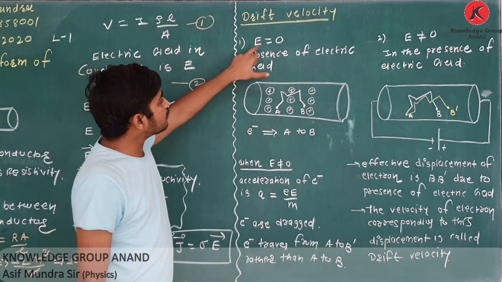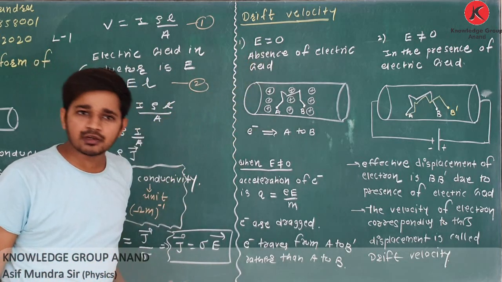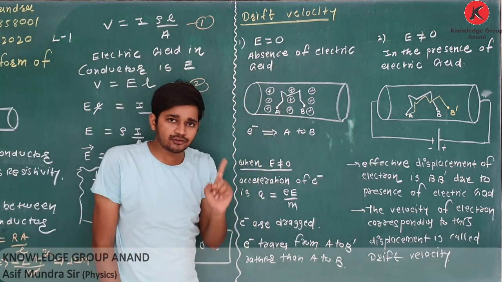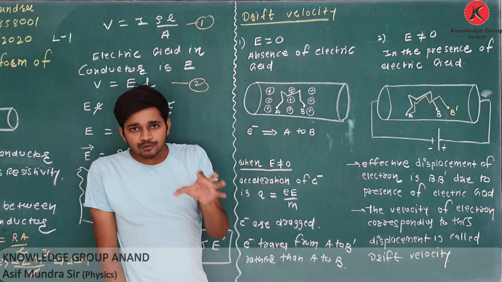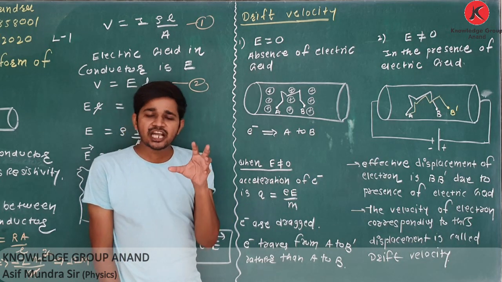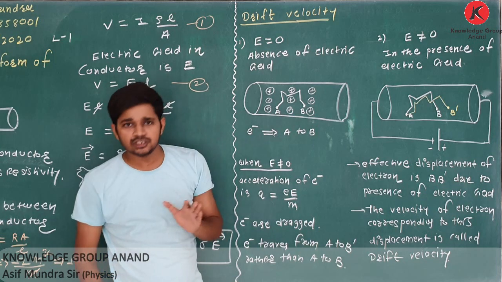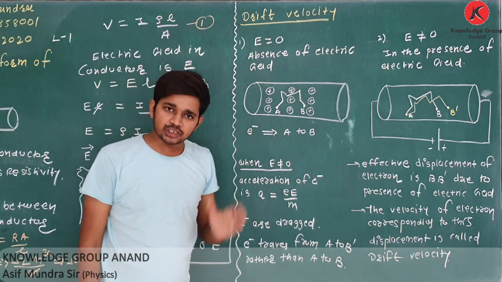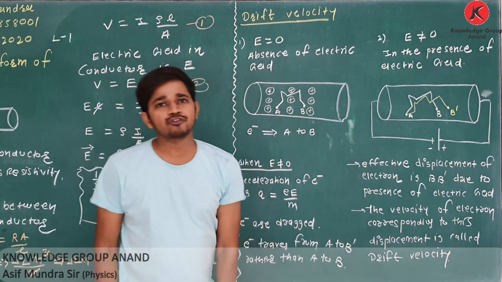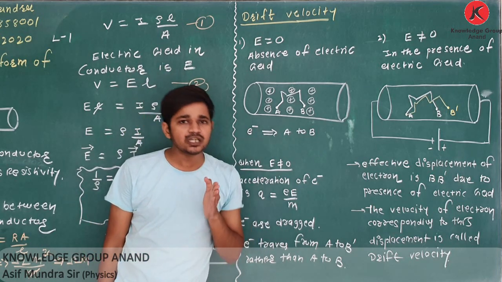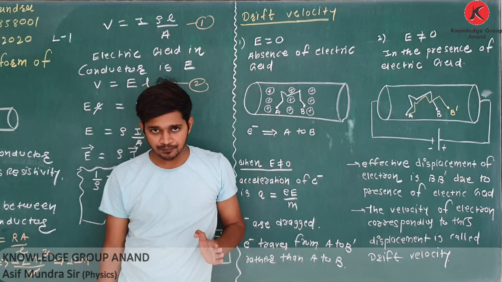Electric field is 0, meaning in the absence of electric field, as we have discussed in an earlier lecture, every electron is free to move, and they will move in random directions. During the random motion, they will collide with positive ions, and their direction continuously changes after each and every collision.